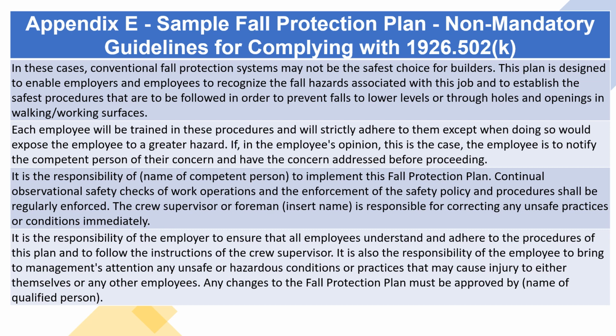It is the responsibility of the employer to ensure that all employees understand and adhere to the procedures of this plan and to follow the instructions of the crew supervisor. It is also the responsibility of the employee to bring to management's attention any unsafe or hazardous conditions or practices that may cause injury to either themselves or any other employees. Any changes to the fall protection plan must be approved by name of qualified person.